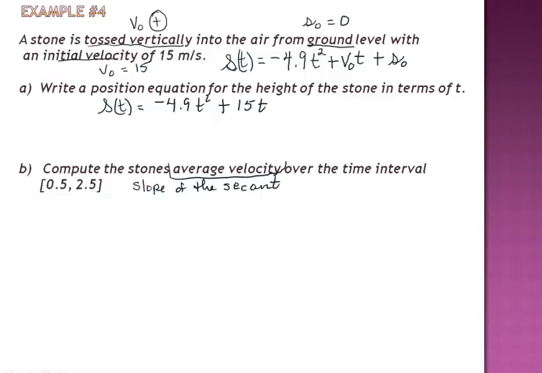Okay, so slope of the secant, we would be taking our position equation and taking our last boundary, 2.5, that's our y2, subtracting our y1, and dividing by x2 minus x1. That's slope.